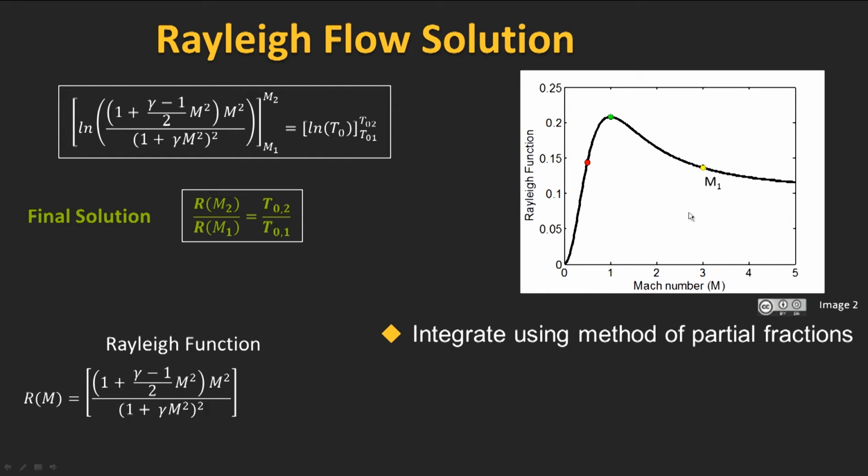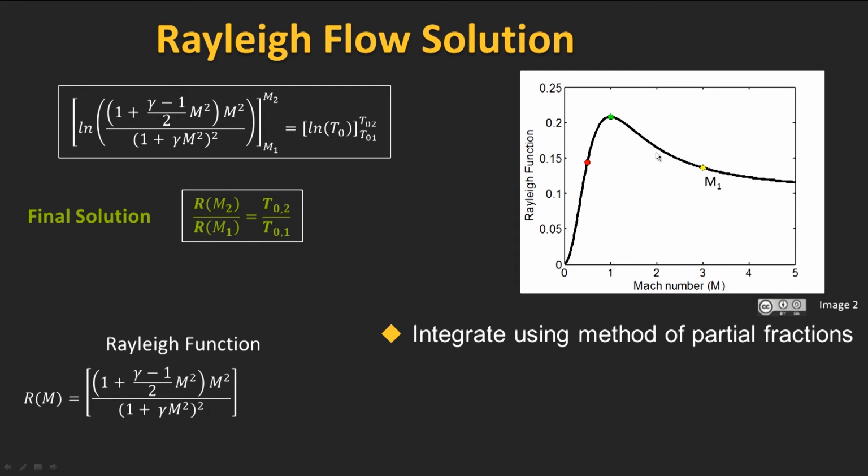Now let's look at the final solution and realize that when we have flow with heat addition, this equation needs to be valid. Or in other words, since we are adding heat, T0 2 is going to be greater than T0 1, which means the right-hand side is going to be greater than 1. Therefore, the left-hand side also needs to be greater than 1, implying that the value of the Rayleigh function at M2 needs to be greater than the value of the Rayleigh function at M1.